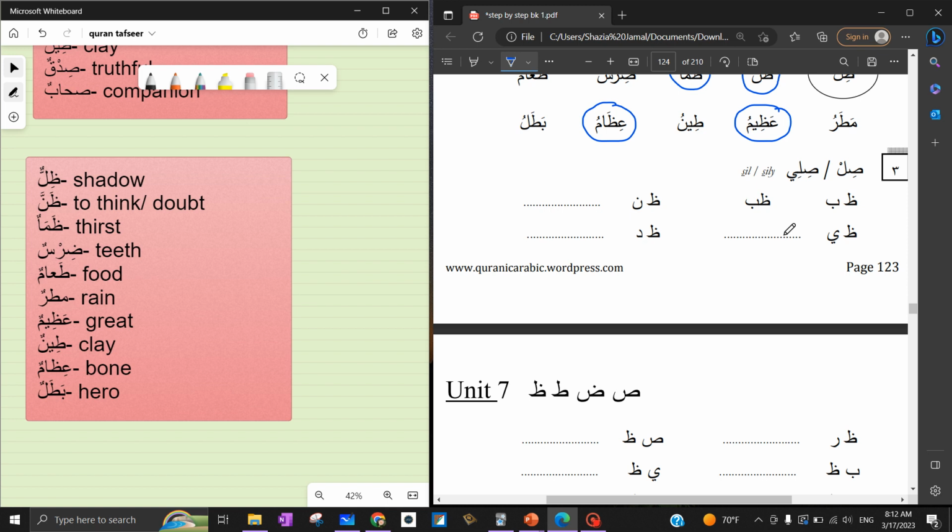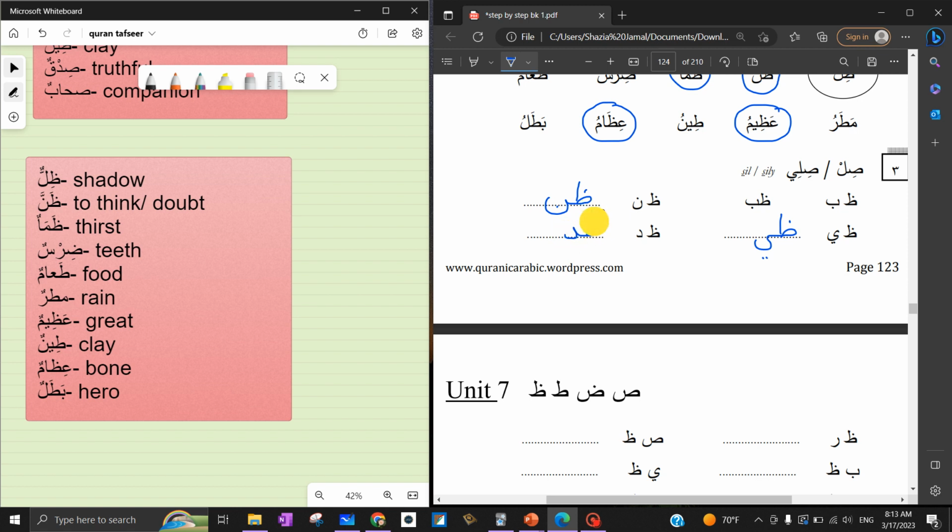So let's connect the letters here. Wa and ya. So first we will make the wa and then continue with the ya. Then put the stem and dot. So wa and noon. We will continue with the wa and the noon first and then the stem. Wa and dal, same. We will continue with the wa and dal going up and coming down.